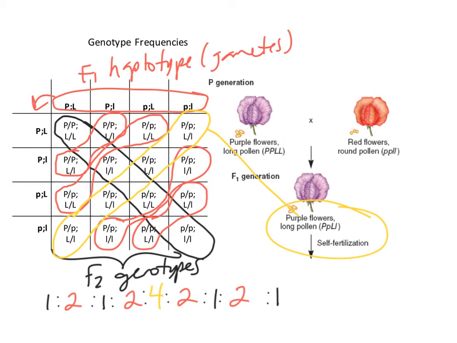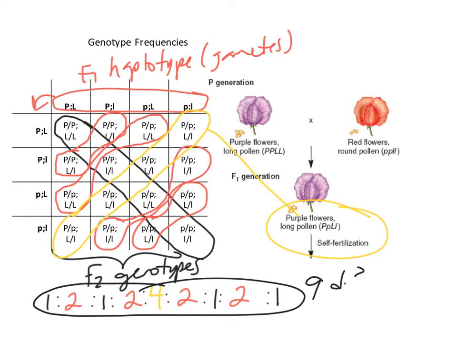So every time you cross a dihybrid with itself, or you self a dihybrid, you expect to see 9 different genotypes. And they're in these relative frequencies. That's what the 1s, 2s, and 4s represent.